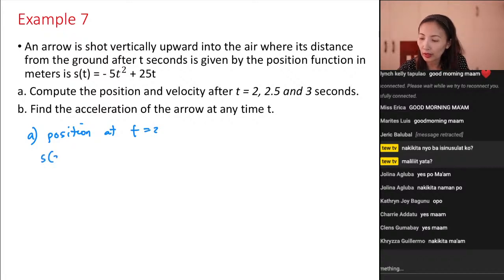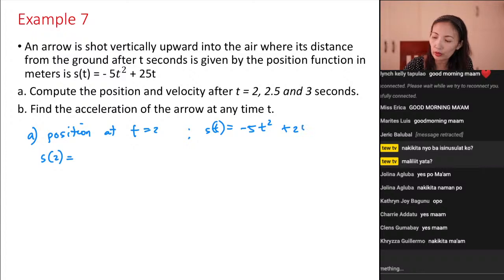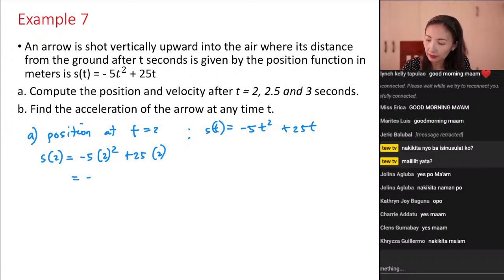Our s of t is equal to negative 5t squared plus 25t. So all you have to do is evaluate negative 5 times 2 squared plus 25 times 2. What will this be? This is equal to negative 20 plus 50, which is equal to 30.